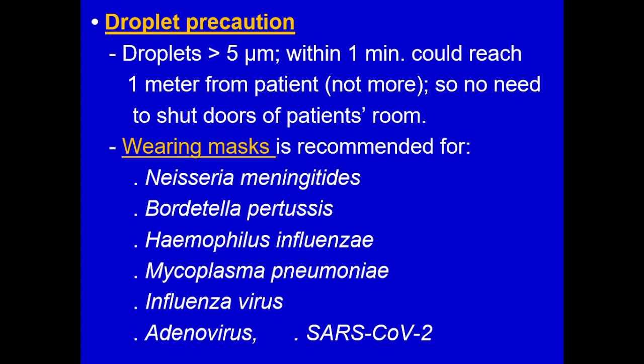Droplet precautions: there are two types of droplets. Those droplets which are more than 5 micrometer, within 1 minute, could reach 1 meter away from the patient. And that's it. They will not go beyond. They drop on the floor and that's it. The large particles from the patients, for example in cough, some microbes produce droplets more than 5.